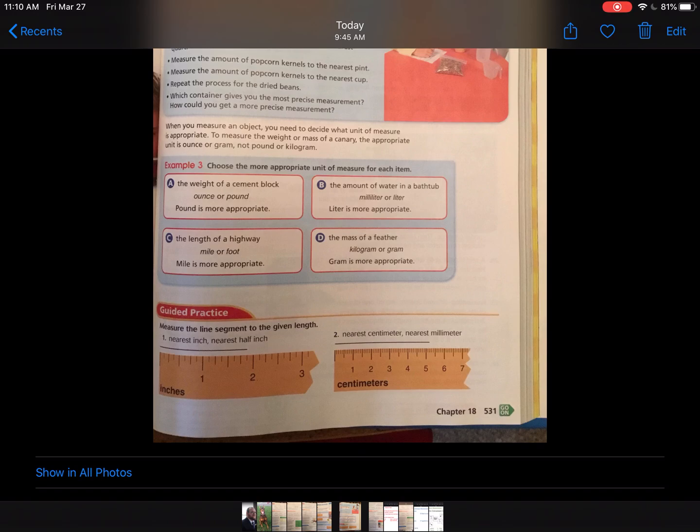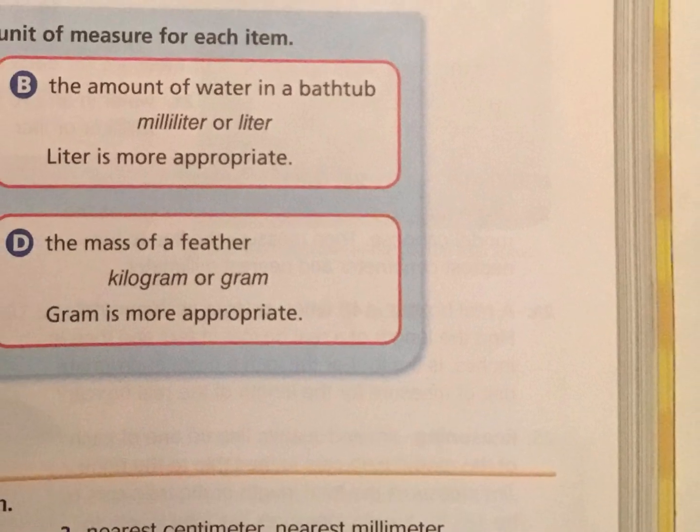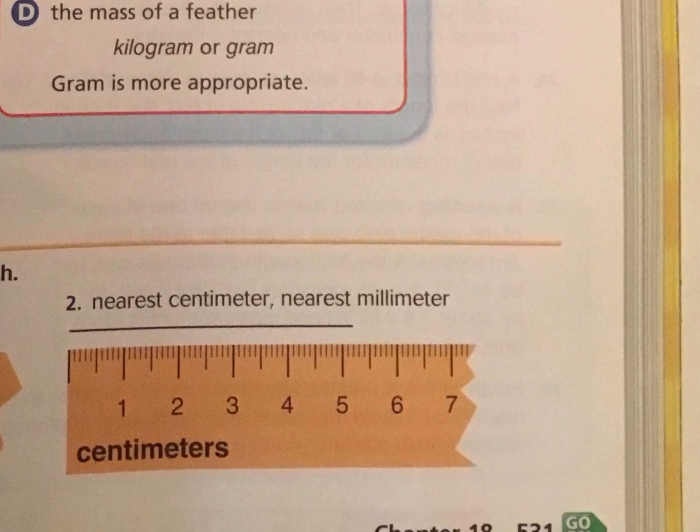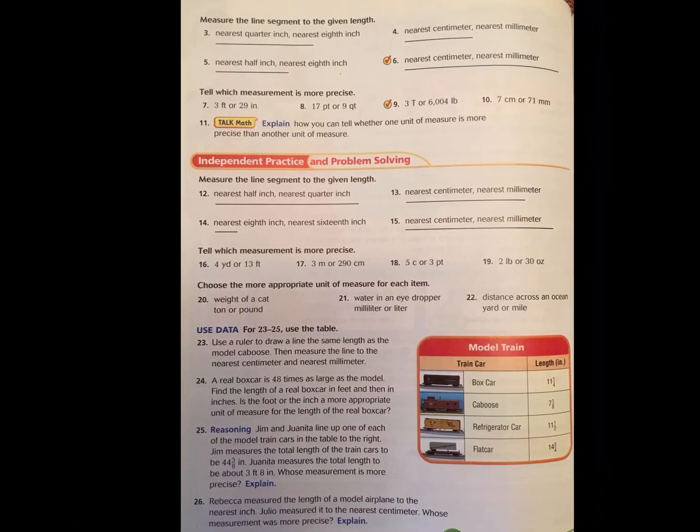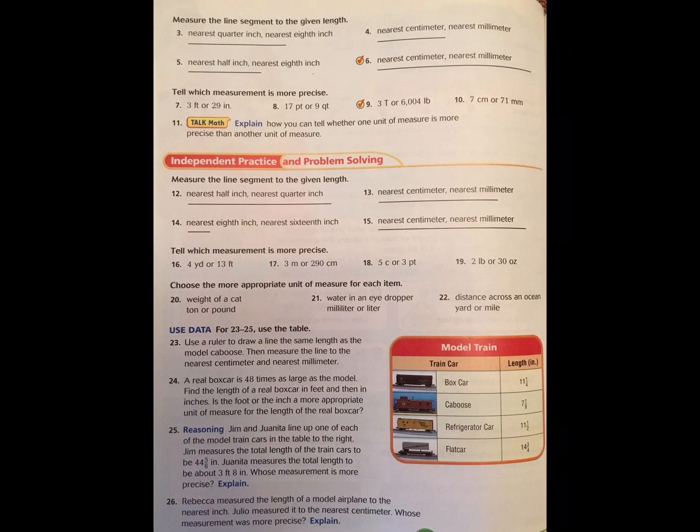For number 2, that line segment to the nearest centimeter is 5 centimeters. And to the nearest millimeter, I would say is 52 millimeters. I'm not having you do 3, 4, 5, and 6 because I don't know that you guys have rulers. So we jump to 7.